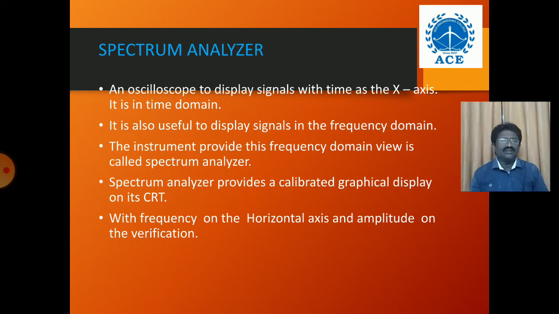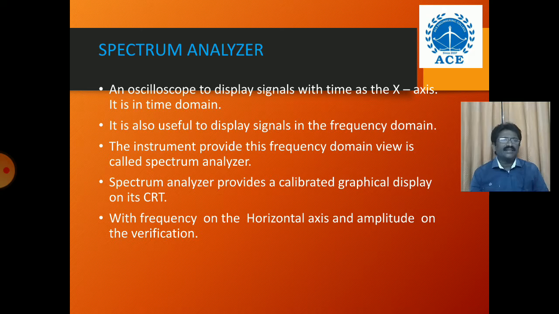Next one is the distortion analyzer. You can call it a harmonic distortion analyzer. With its help, you can measure the values of the harmonics in the waveform. Actually, your waveform is a combination of harmonics.